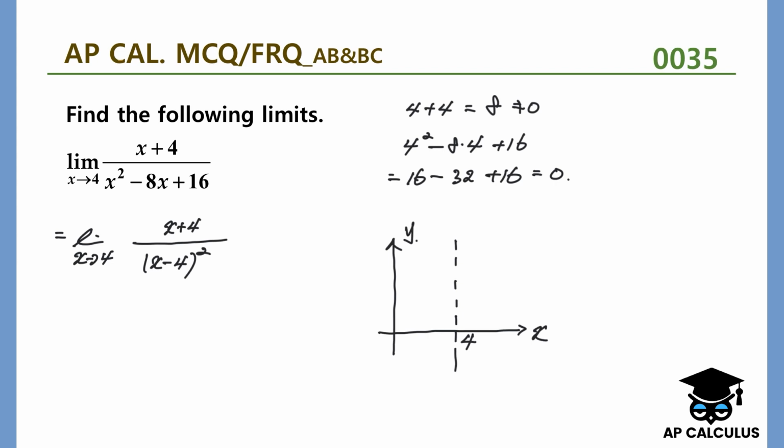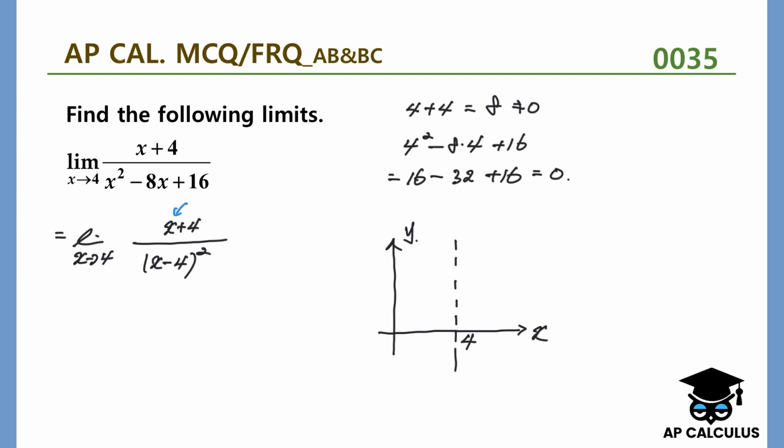The function value approaches either positive infinity or negative infinity as x approaches 4 from left hand side. Also, as x approaches 4 from right hand side, the function either approaches positive infinity or negative infinity. So we're going to test this.